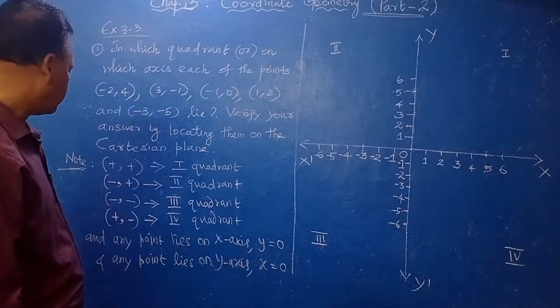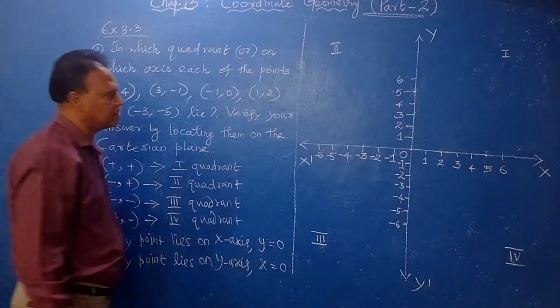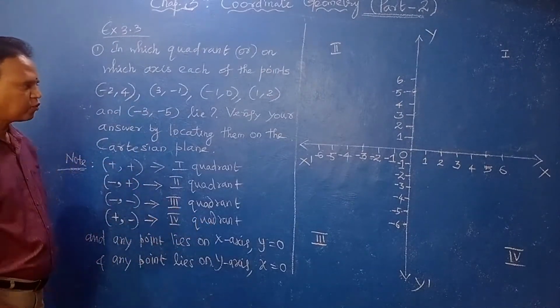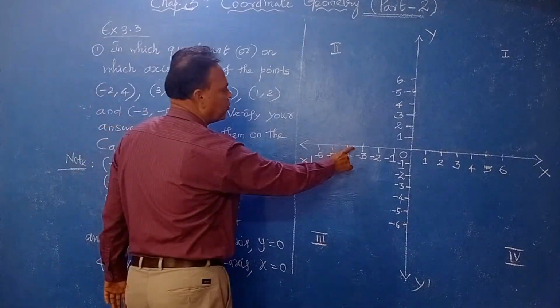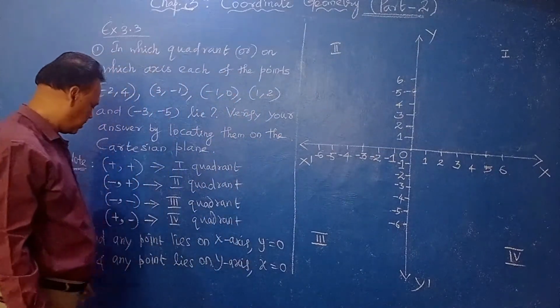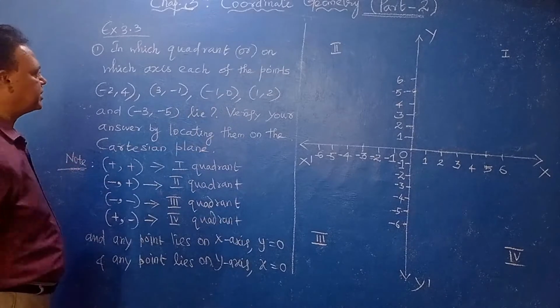Any point that lies on the x-axis has y equal to 0. Any point that lies on the y-axis has x equal to 0.